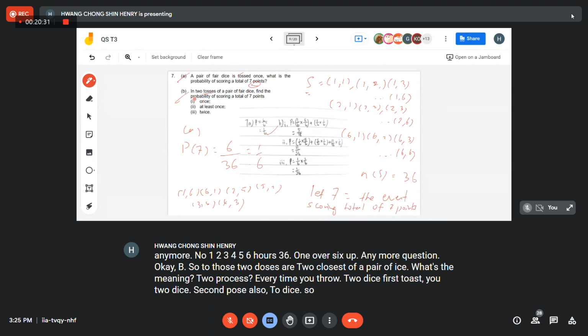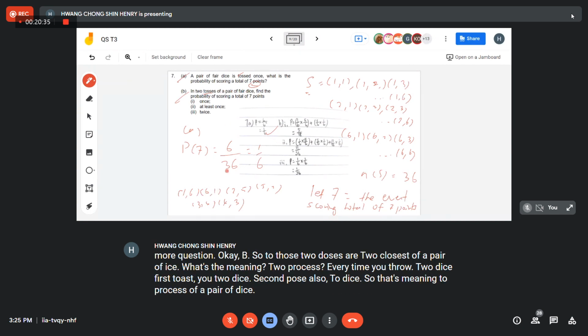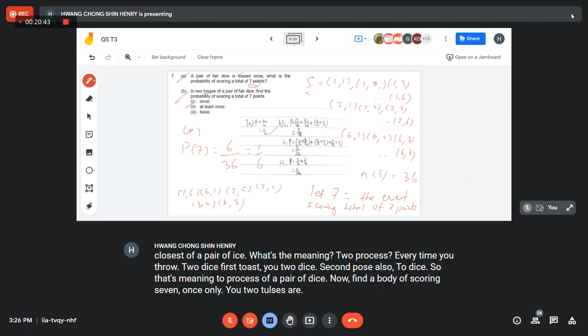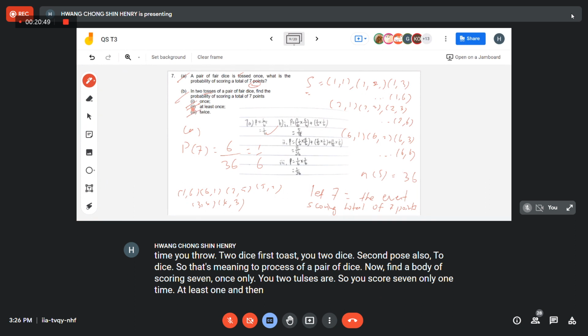So that means two tosses of a pair of dice. Now find the probability of scoring 7 once only. You throw two tosses, so you score 7 only one time. At least one, and then 2 times.